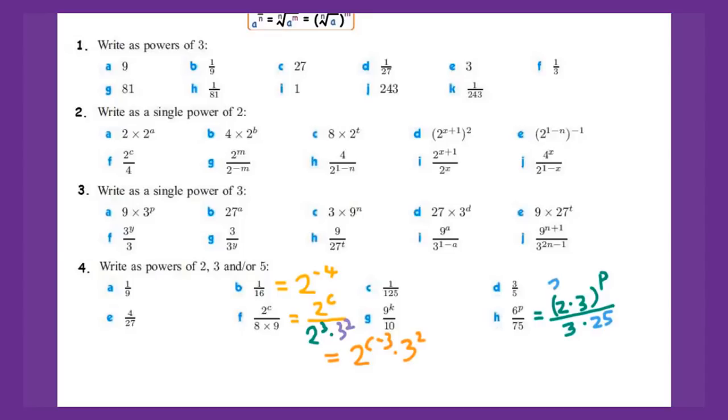So to the top, I can write down 2 to the p's power times 3 to the p's power. So we do the operation of same base. You will get 2 to the p's power. Then 3, you have to do p minus 1.